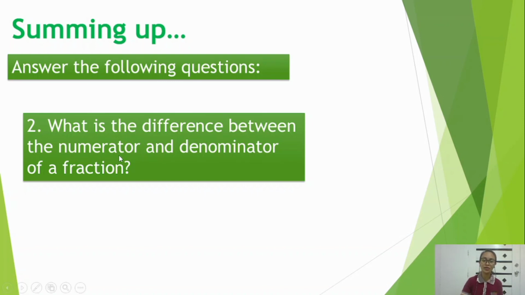Samantalang yung numerator ay ilan lang, yung shaded lang na area, yung kinuha lang na area. So, that is the difference between them. Numerator, parte lamang nung denominator, which is the equal parts or the whole.